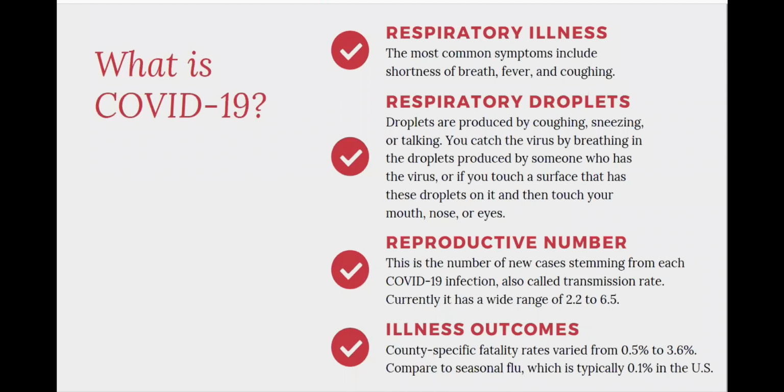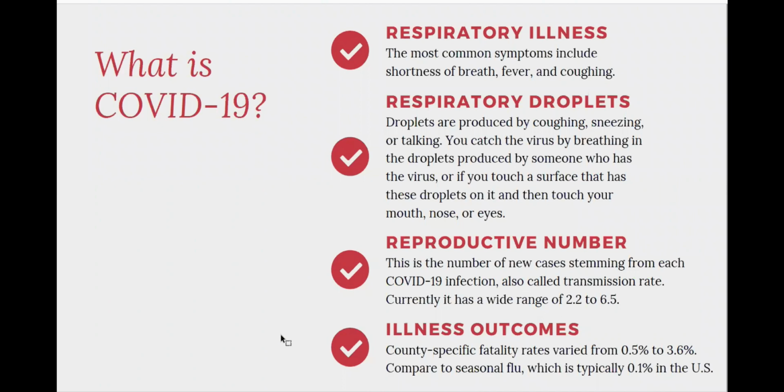Currently, it has a range from 2.2 to 6.5. So that means we really don't know. The transmission rate is high. Anything above a 1 is high because we don't want to transmit that to even one new person. But we should be able to narrow down those rates as we understand this virus more.